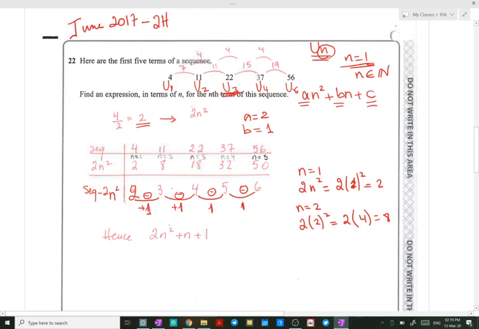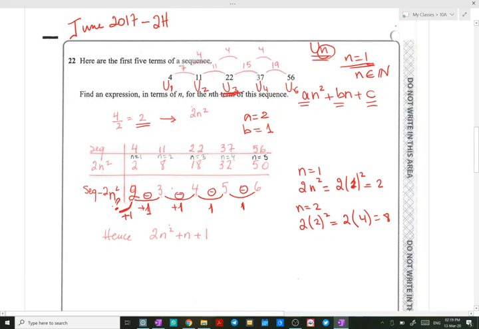So now we found a and we found b, and we need to find c. Since we are subtracting 3 minus 2, 4 minus 3, we have to subtract 2 minus x, where x is a number that represents the constant c. The common difference should be plus 1.